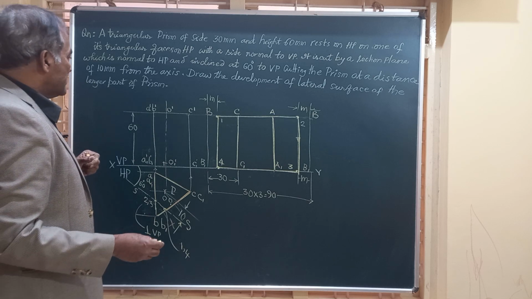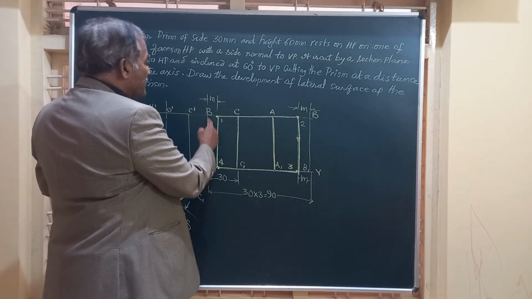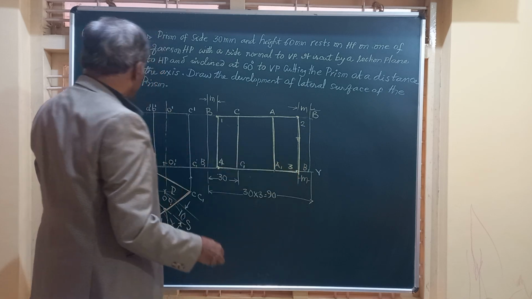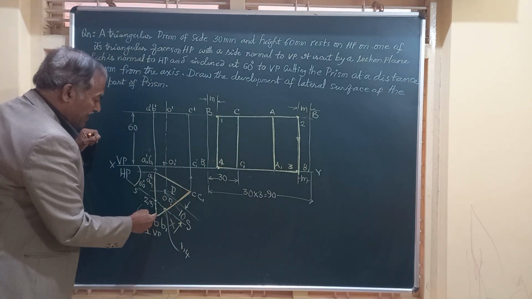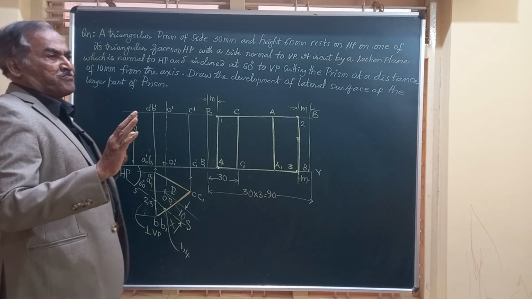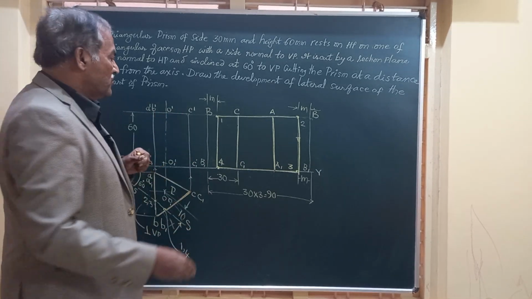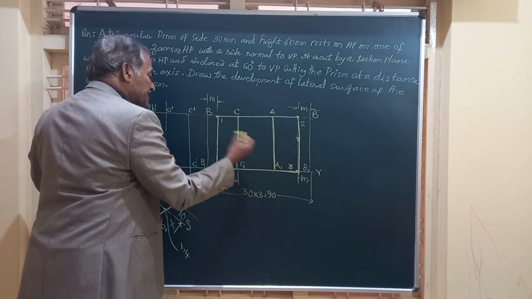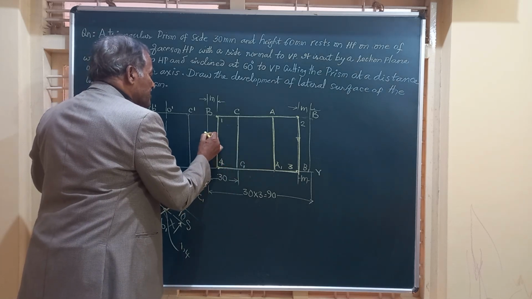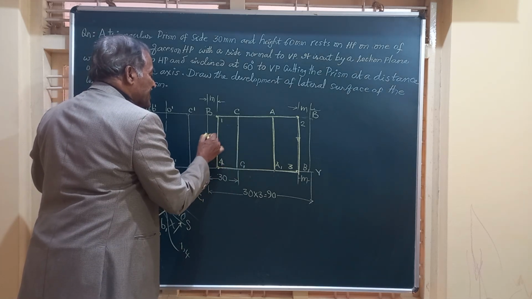Friends, you can see here, whether to show this BB here, friends, the longer edge BB is totally removed from the solid. So we should not show this in thick line or visible line. This is to be shown and retained by thin line.